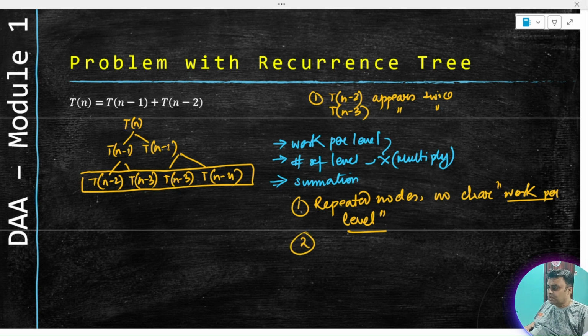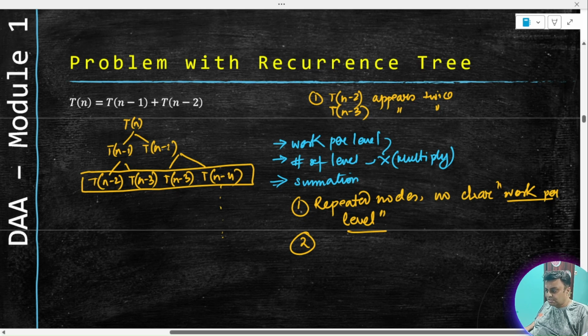The second problem that we have is that the subtree sizes are different. Now why do I say that? When would this T(n-4) end? When would this T(n-3) end? Of course T(n-4) is getting reduced at a much faster rate than T(n-3).